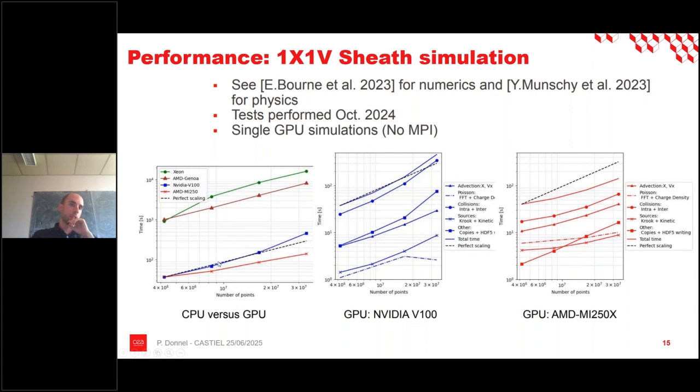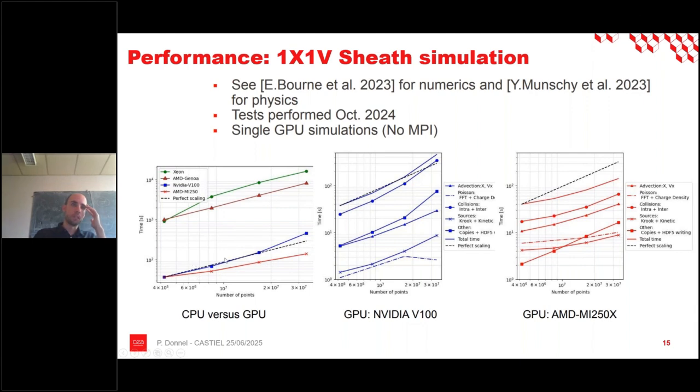And actually, I will not describe all this. What we can focus on is the left-hand side plot, where you have the time to solution as a function of the number of points in the simulation domain, and both for CPUs and GPUs at the bottom.